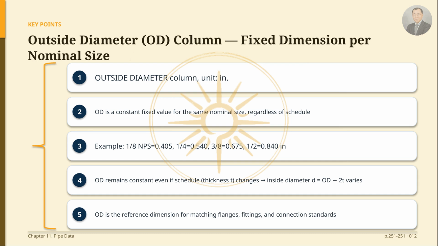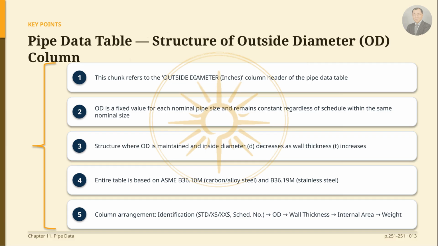I'd like to introduce the outside diameter column of the piping data tables in Chapter 11 of the Fisher Handbook. In the table, the outside diameter column is expressed in inches, and for the same nominal pipe size, the outside diameter remains constant regardless of the schedule number or wall thickness. This is the core principle of piping standards.